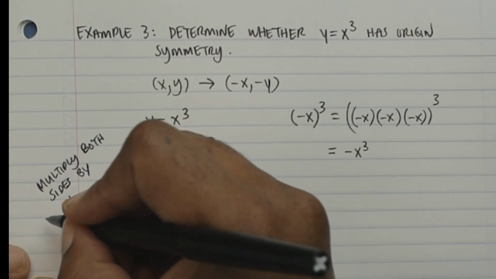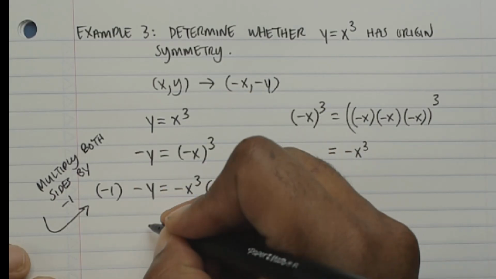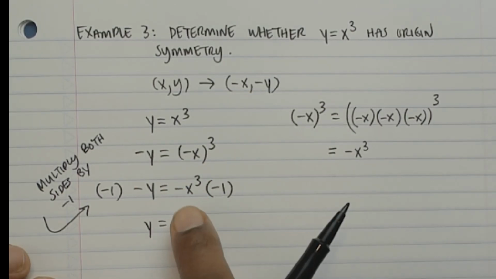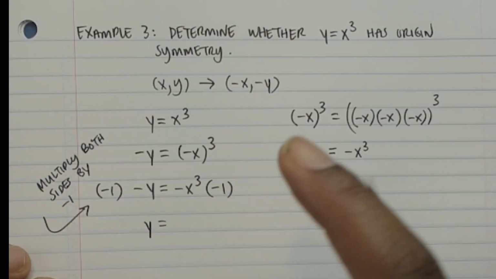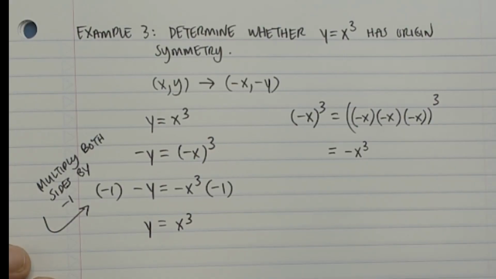When we do that, we end up with a positive y. And again, a negative times a negative is going to give you a positive.